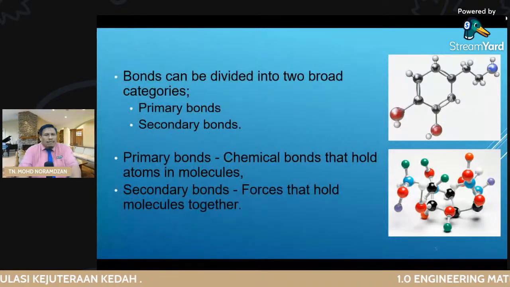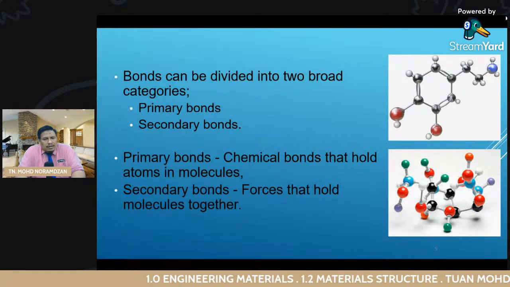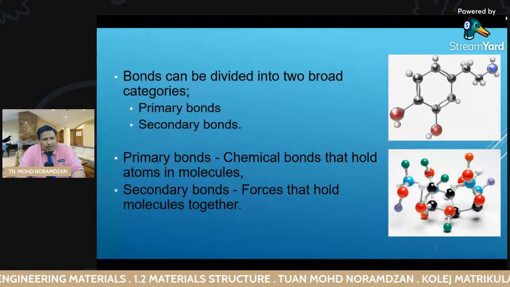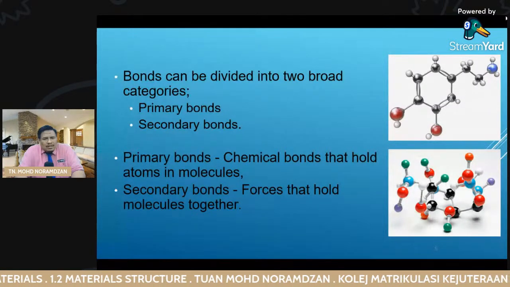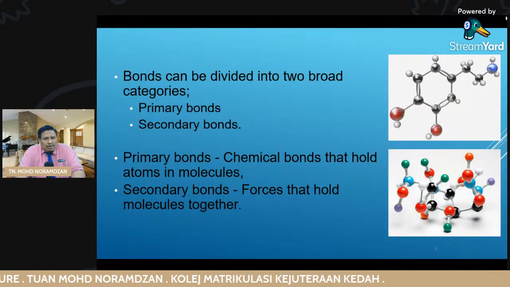Bond can be divided into two broad categories. First category is primary bond, second is secondary bond. Primary bond, chemical bond that holds atoms in a molecule. Secondary bond, force that holds molecules together.